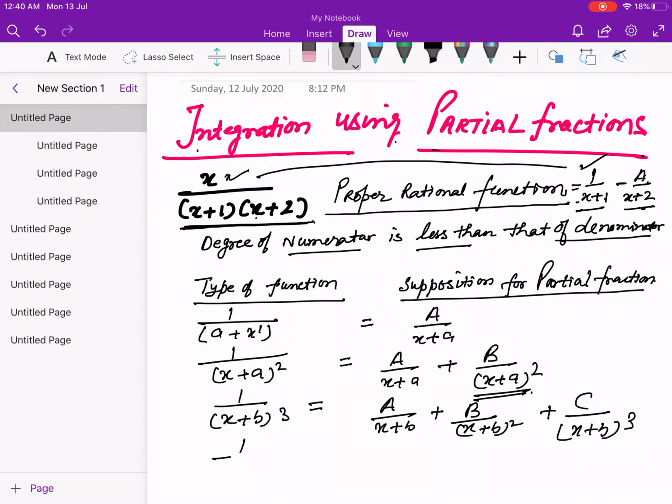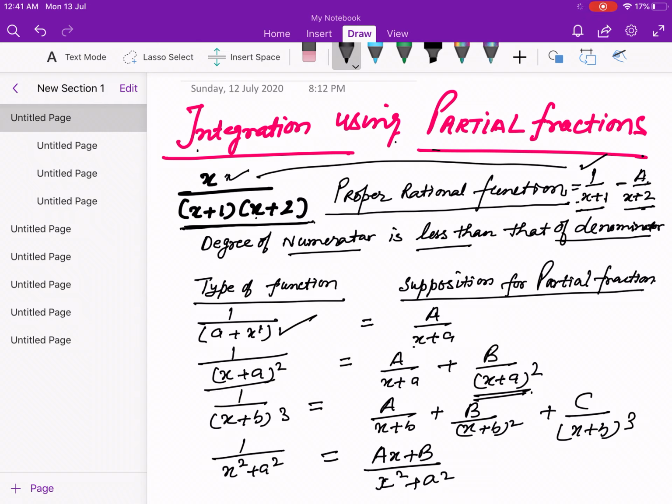And if it is a quadratic, like x square plus a square, then it is ax plus b over the quadratic, that is x square plus a square. So what is noticeable? If it is a linear expression, it is a upon x plus a.